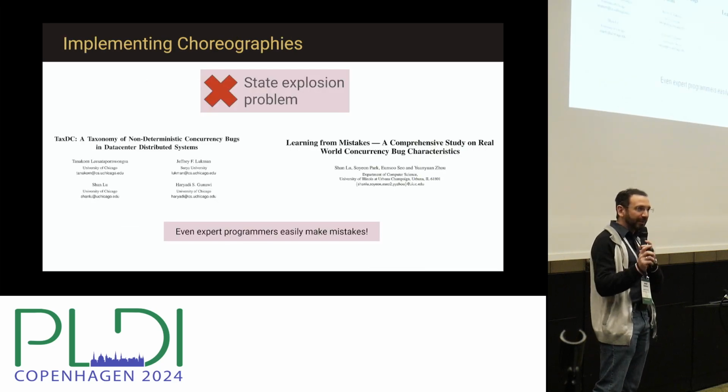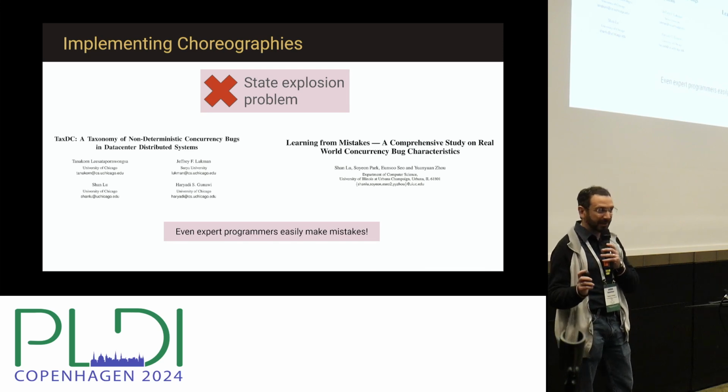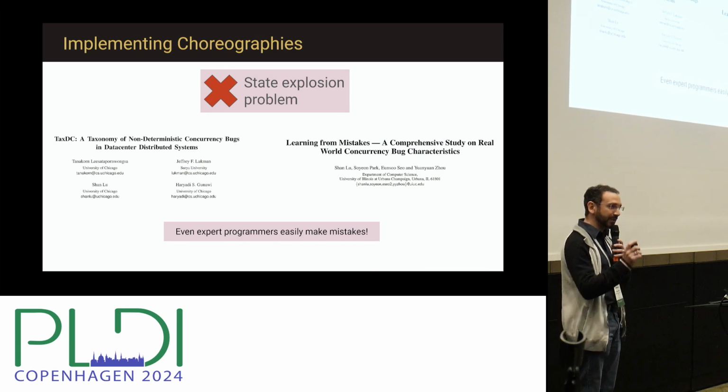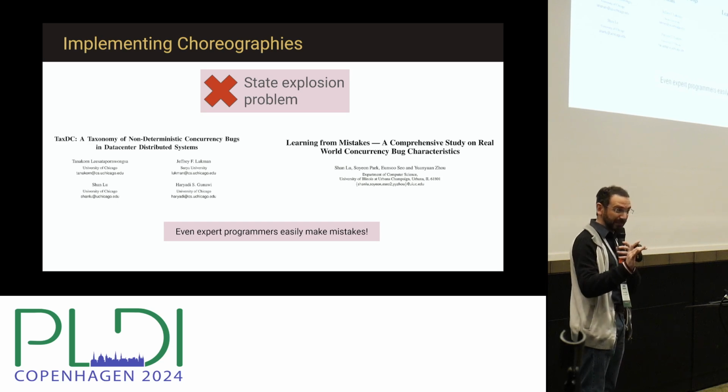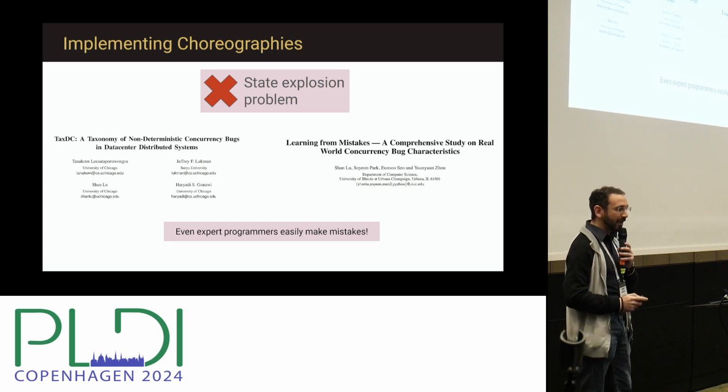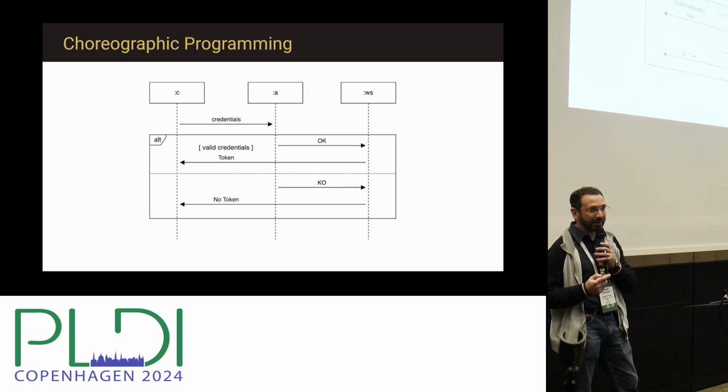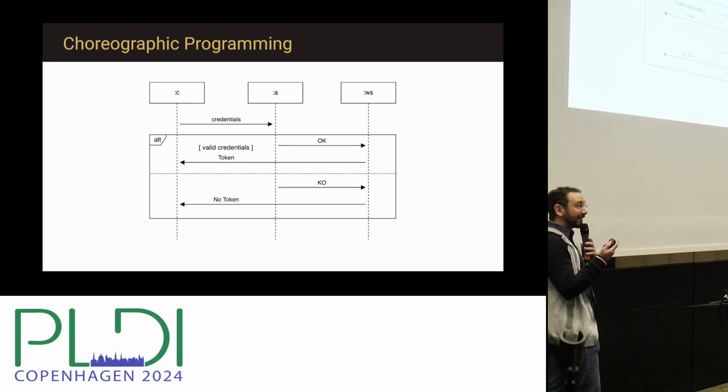And we know that making sure that we correctly implemented the protocol, and debugging the implementation, finding the bugs due to concurrency, is difficult due to non-determinism and the state explosion problem.